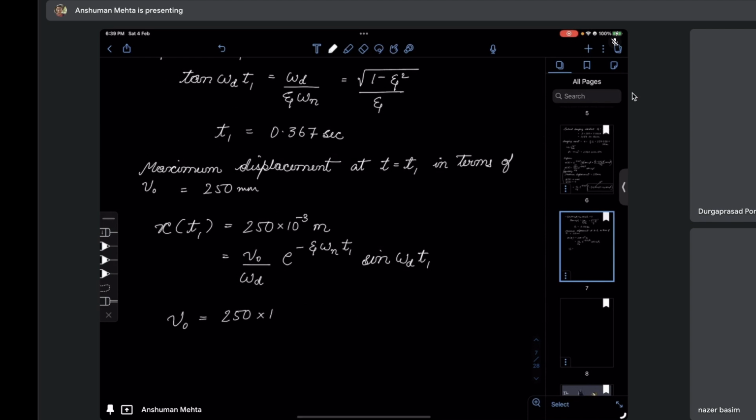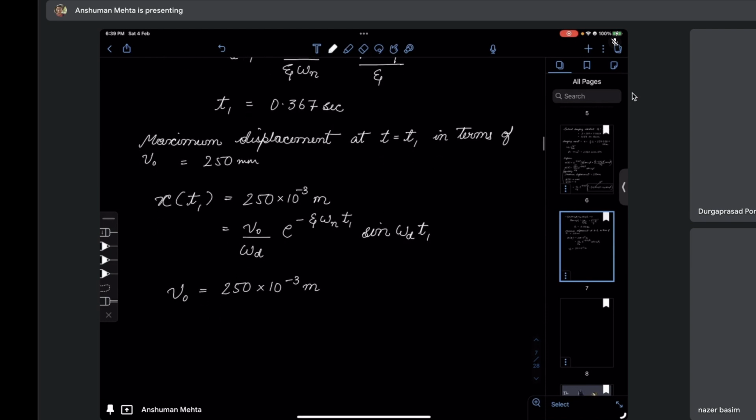So here v naught is equal to, we will just put everything in the calculator. So v naught comes out to be 1.429 meter per second.